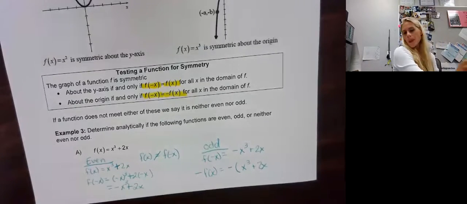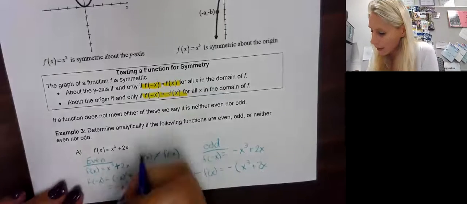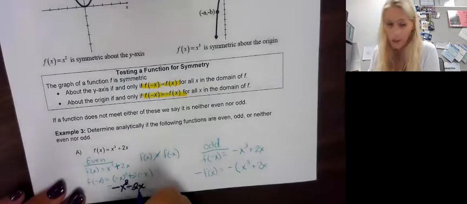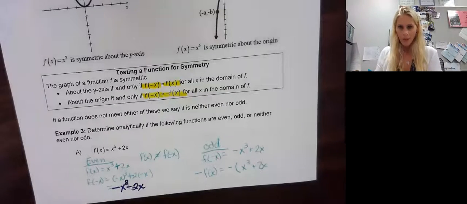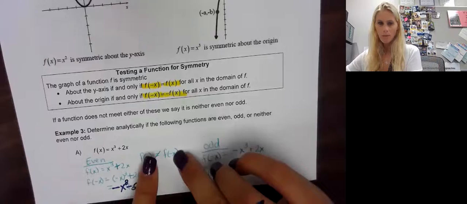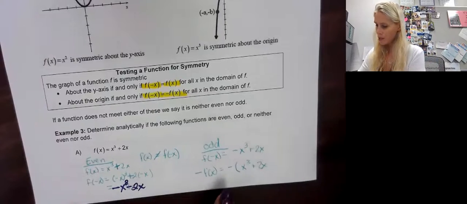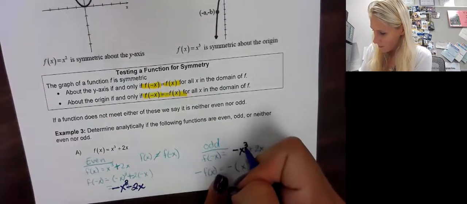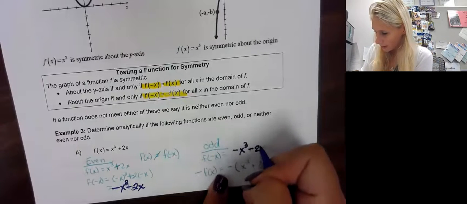There we go. So this is actually negative x cubed minus 2x. Hopefully you guys have a pencil. But as you can see, those still do not equal, so it's not even. So let me change this. Minus 2x. There we go.